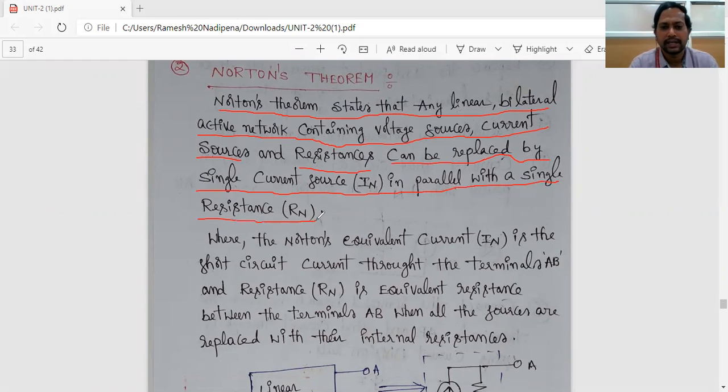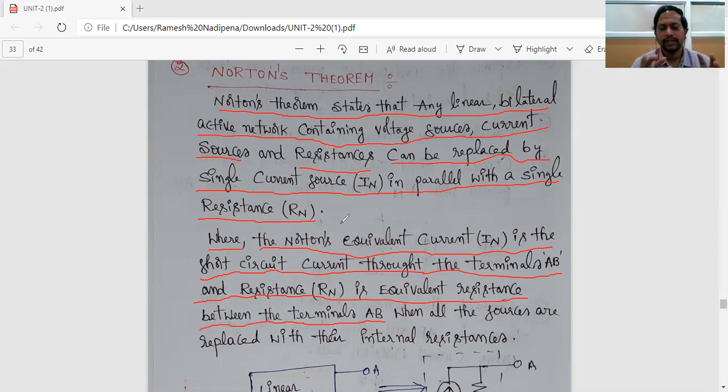So here the single current source is Norton's equivalent current and the single resistance is the equivalent resistance across AB terminals. The Norton's equivalent current IN is the short circuit current through the terminals AB and the resistance RN is the equivalent resistance between the terminals AB, right?